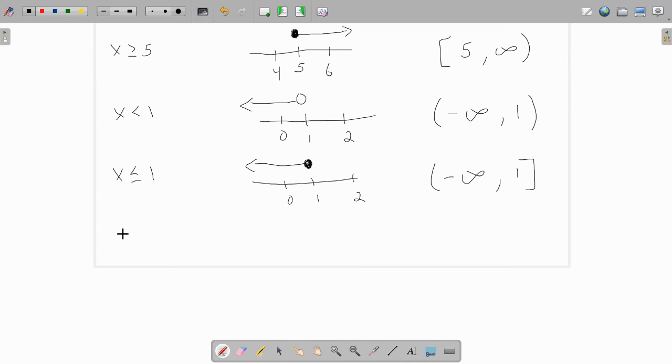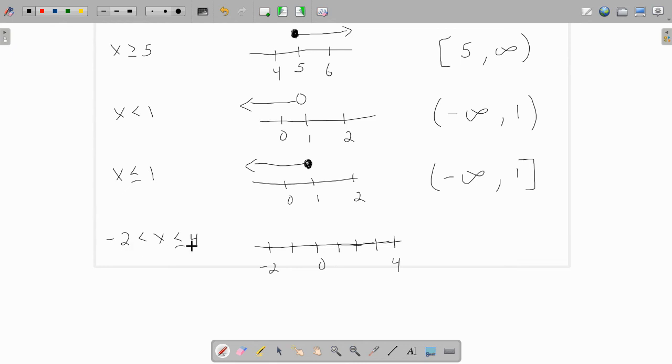Another one we will see is if we have -2 is less than x, which is less than or equal to 4. One, two, three, 4. There's our 4. They'll give you a number line. -2 doesn't have a bar.